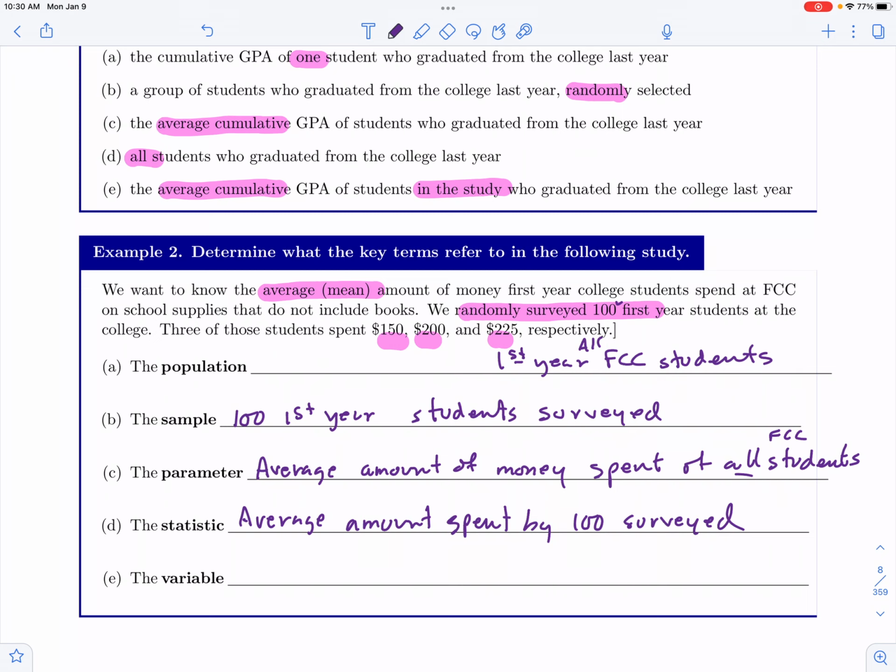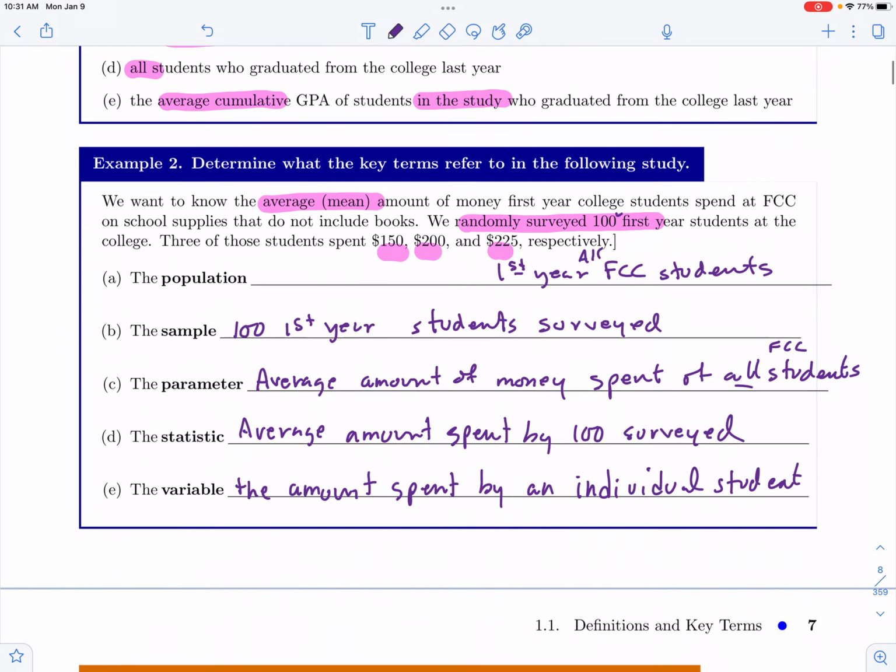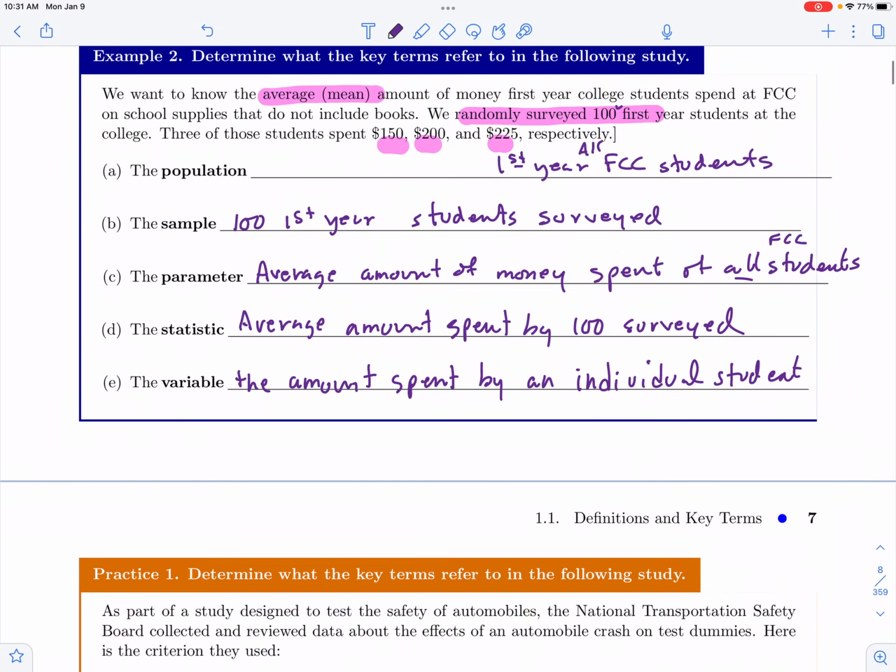In this case, we've got the 150, 200, 225. So it's the amount spent by an individual student.